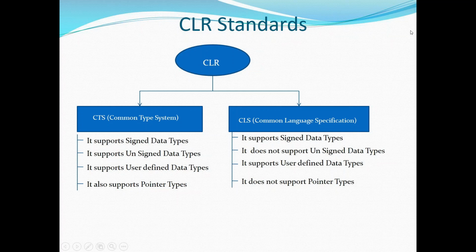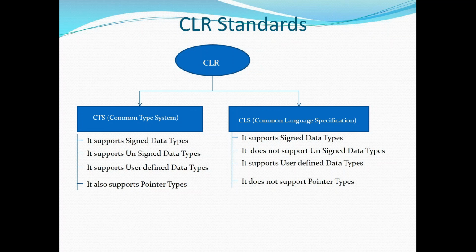So whenever you want to include any language into the .NET framework, it should satisfy a minimum of CLS standards. If it satisfies CTS, it is going to be very powerful. But it should satisfy at least CLS standards. Coming to C# and VB.NET, these 2 are CTS based languages. They support all types of data.